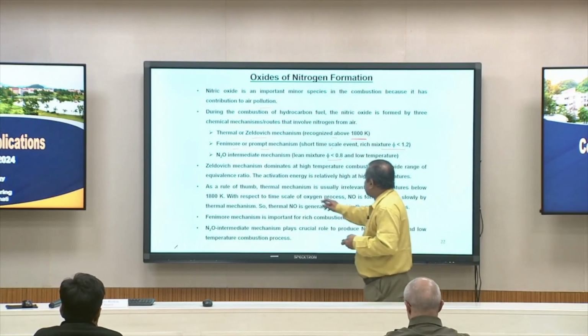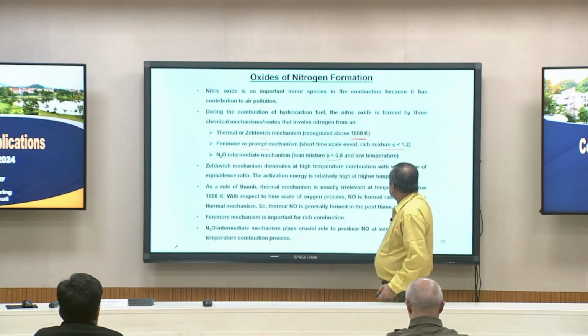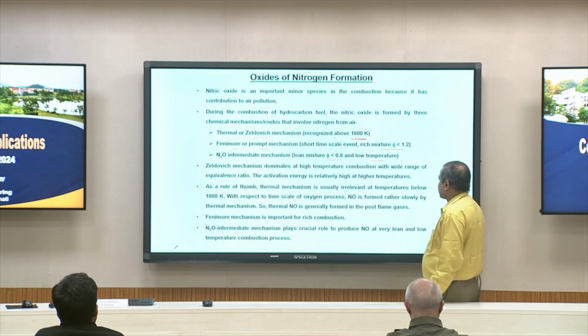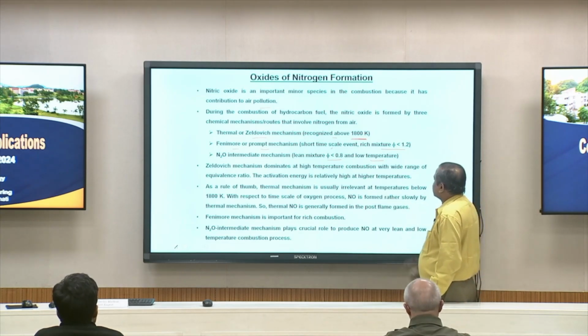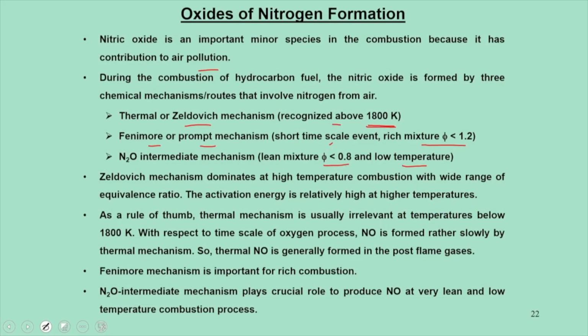As a rule of thumb, the thermal mechanism is usually irrelevant for temperatures below 1800 Kelvin. With respect to time scale, NO is formed rather slowly in the thermal mechanism. NO is generally formed in the post-flame gases.